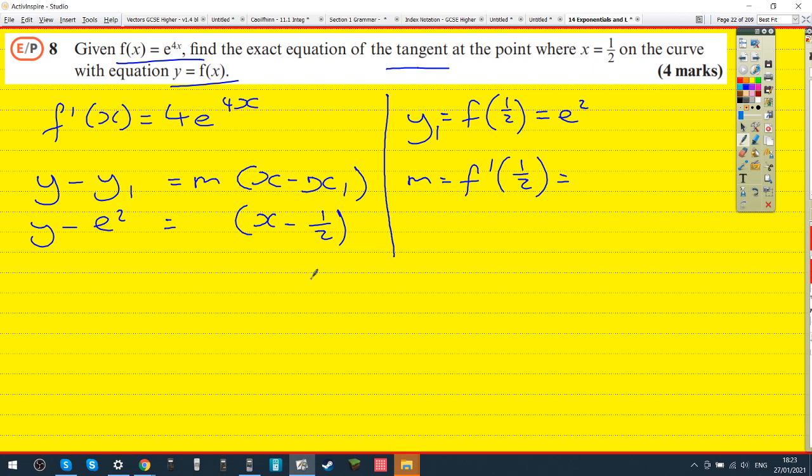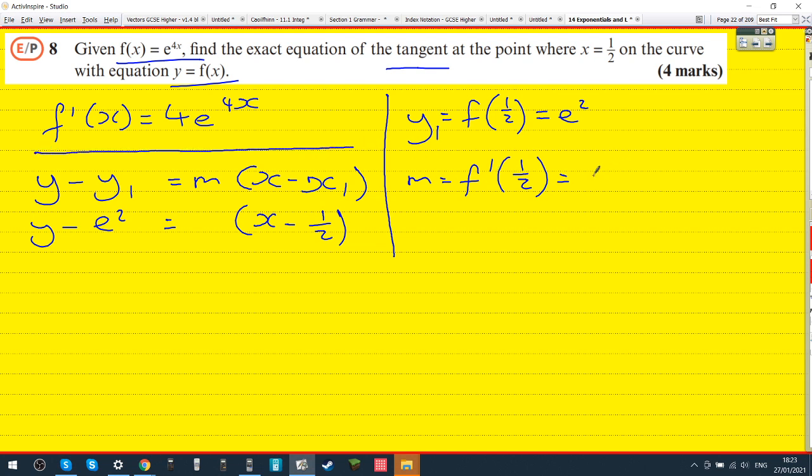So in this case, f dash of a half is m? Yep. What is that? I don't know. So you sub a half into the derivative we just found. The derivative was 4e to the 4x. 4e to the 2, so 4e squared.